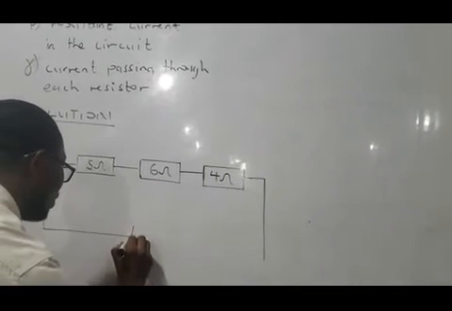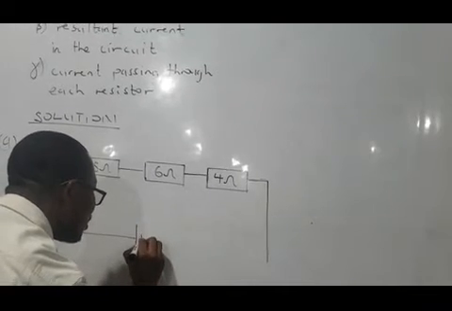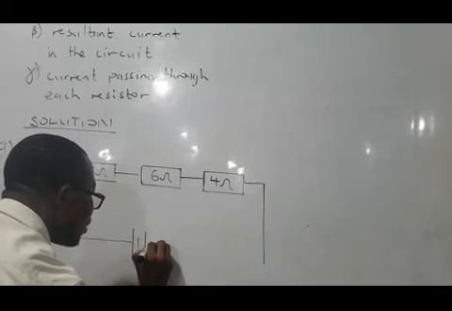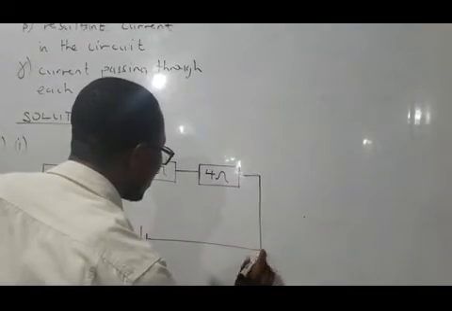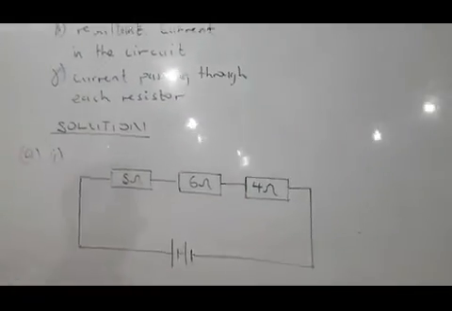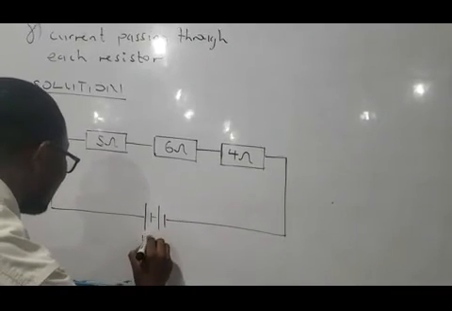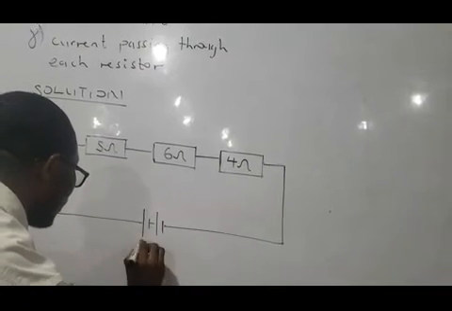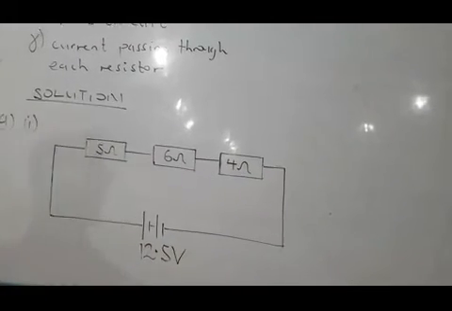So you indicate a battery. A battery consists of 2 or more cells. So this is a battery consisting of 2 cells. And then the voltage was 12.5 volts.